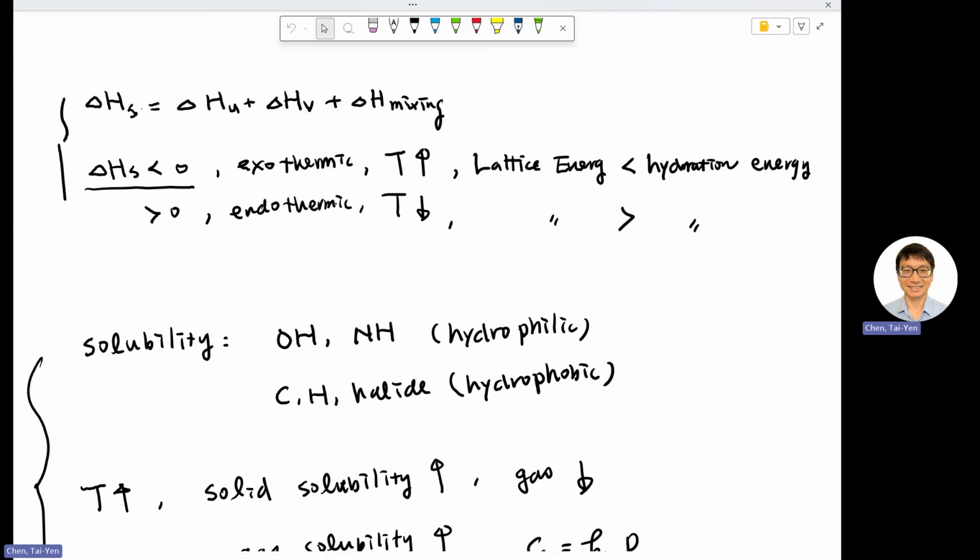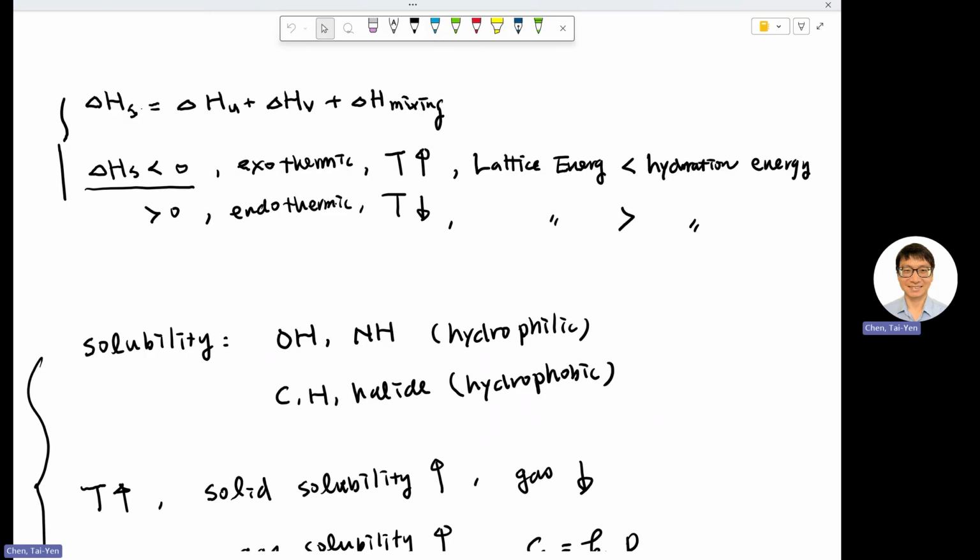We start to talk about the change of enthalpy, delta H. When we mix a solute with a solvent, calculating the enthalpy change of the solution involves 3 terms: delta H solute plus delta H solvent plus delta H mixing.